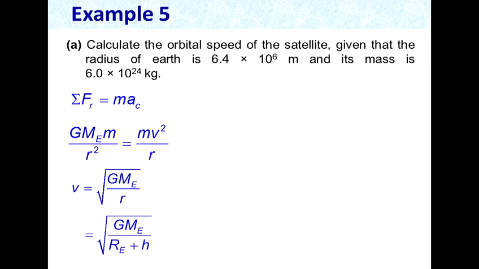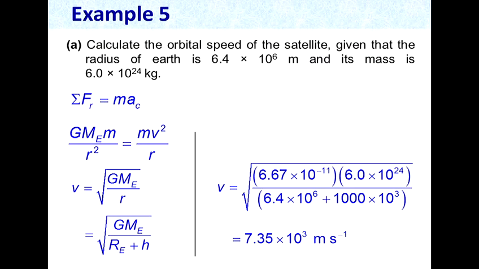The question didn't give you the radius of orbit directly. They gave you the radius of Earth and the height of the satellite above the surface of Earth. And then just take note of the unit. It's 1,000 kilometers, so you multiply by 10 to the power of 3, convert everything to SI.